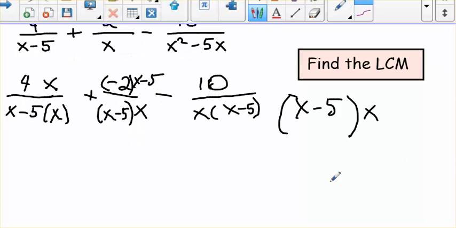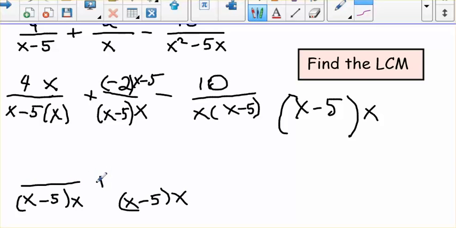So now you can see that everything is in a common denominator. I've got an x minus 5 times x here, and here, and here. So they're all common. What's in my numerator here?